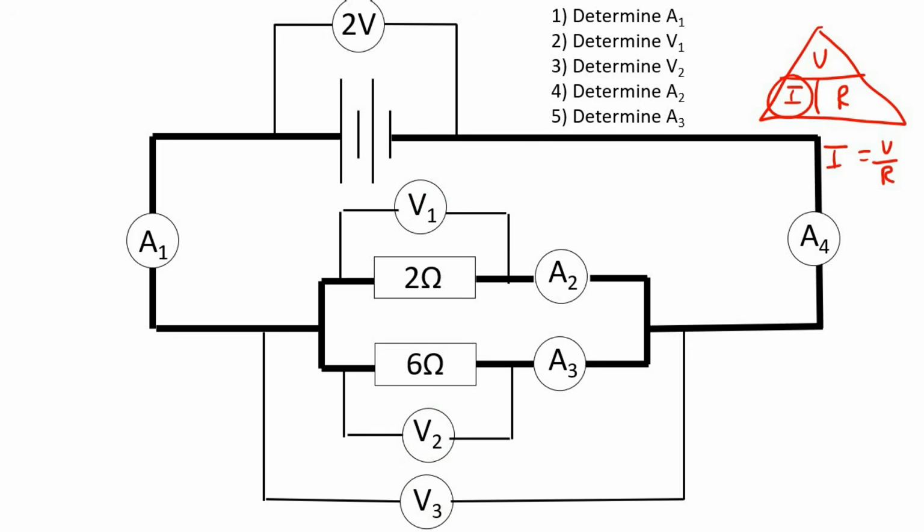Okay, so if we use the voltage of the battery, then we need to use all of the resistors. Remember that: if you use battery voltage, then use all resistors.